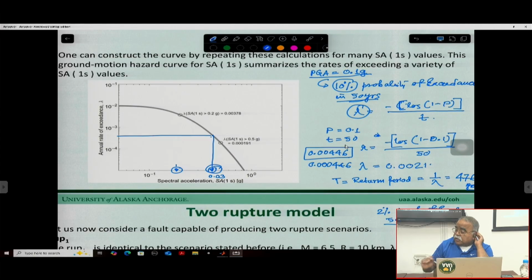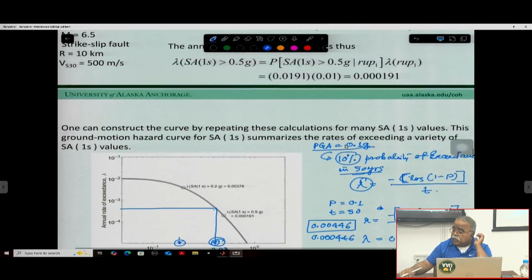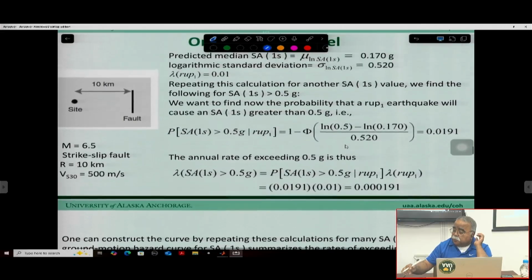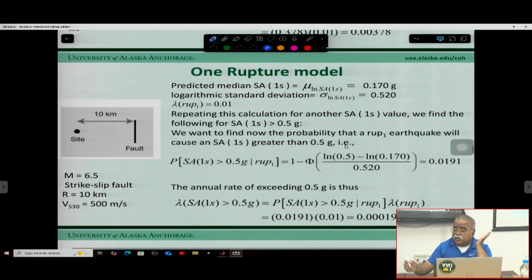Now what I was trying to tell you is this: this is what we were doing yesterday for a particular fault at a particular site with a 10-kilometer distance, and then we calculated the spectral acceleration.